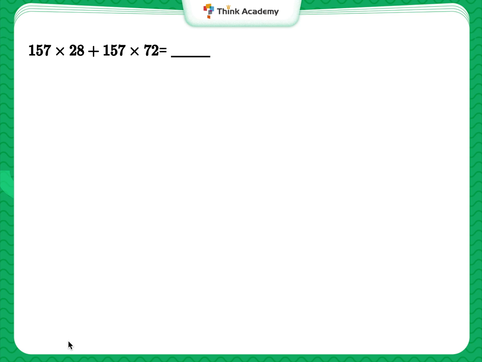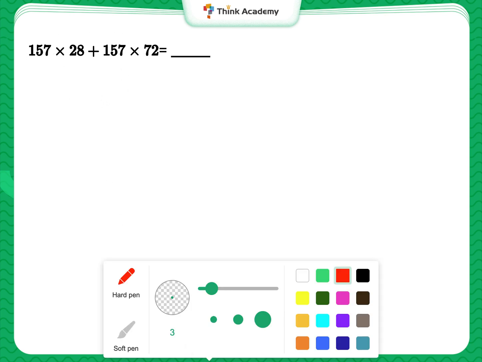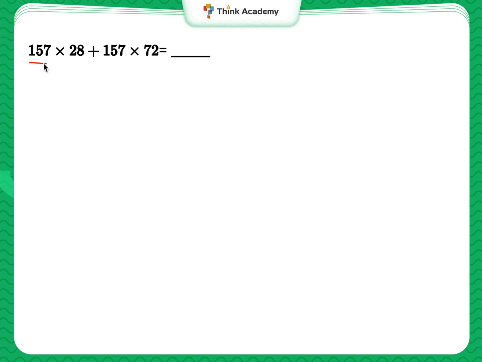Let's just move on. So in this question, you can see that the two multiplications here both have a multiplier of 157. And when we see some common multipliers in different multiplications that are added to each other or subtracted from each other, what we need to do is to extract the common multiplier, 157.